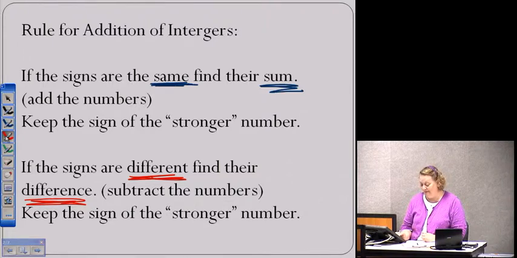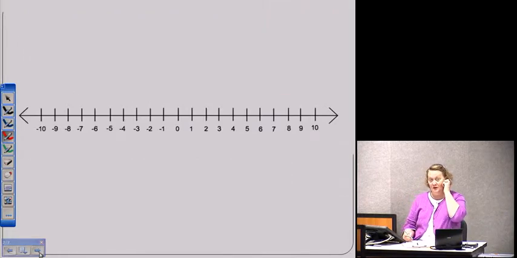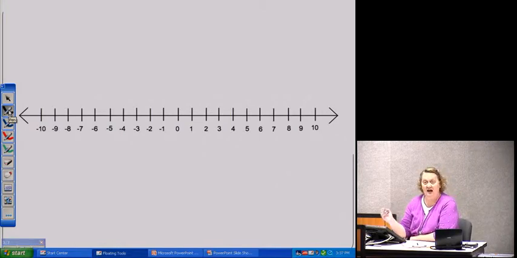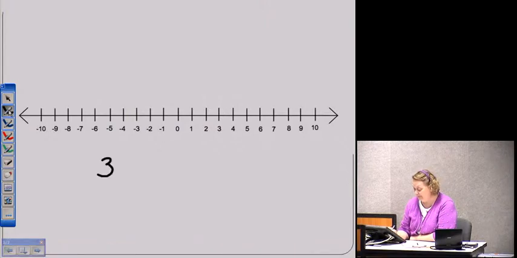So let's look at a number line. And we're going to do a few examples with this number line. Let's look, to start with, on how we represent 3 plus 4 on a number line. There's our 0 in the center. And we're going to go over to positive 3 on the number line. And then we're going to count from 0 to 3 is 3 units.